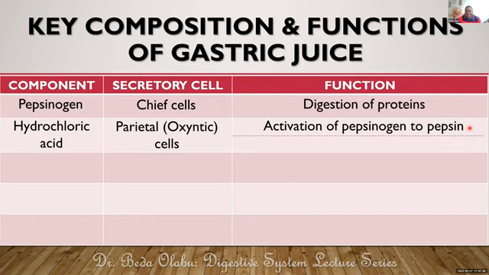Apart from that, the acid is also important in killing germs. So it has immune functions. That becomes one of the immune functions of the stomach, actually, the killing of germs. The acidity of gastric juice is usually so strong, close to a pH of 2.